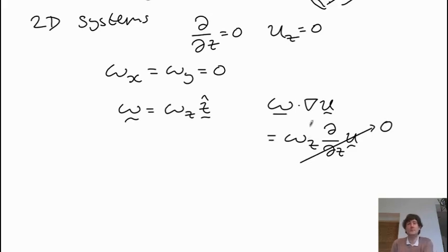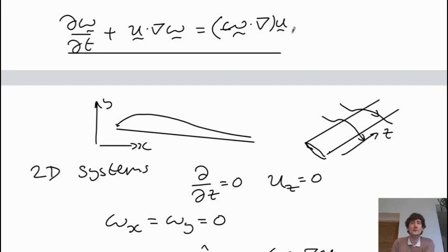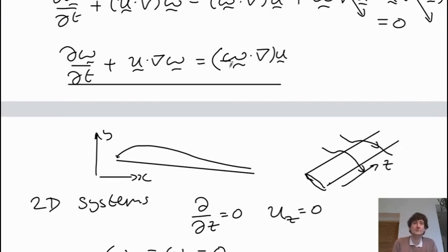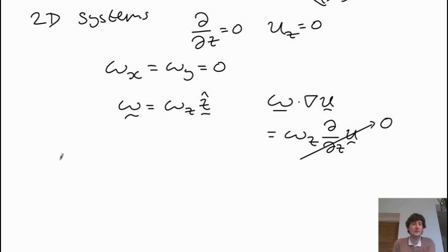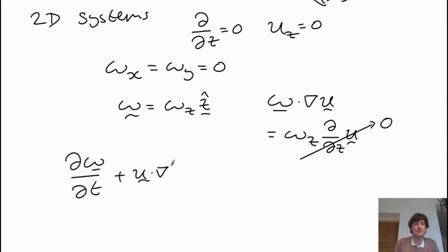So in the two-dimensional case, this right-hand side goes to 0, and we just have an equation for the z component of omega. And so the equation just reads d omega by dt plus u dot grad of omega equals 0.